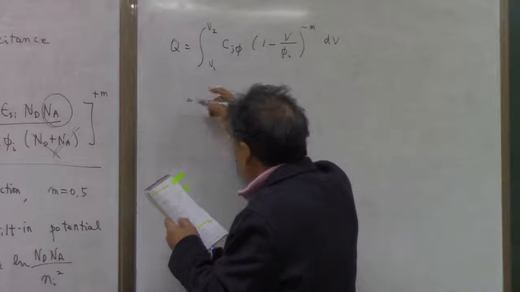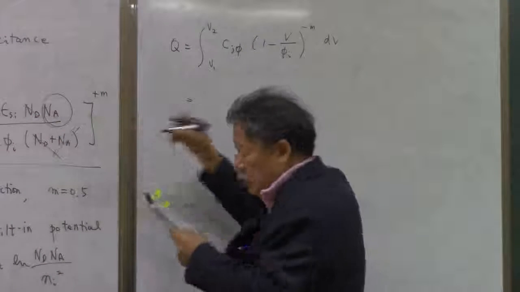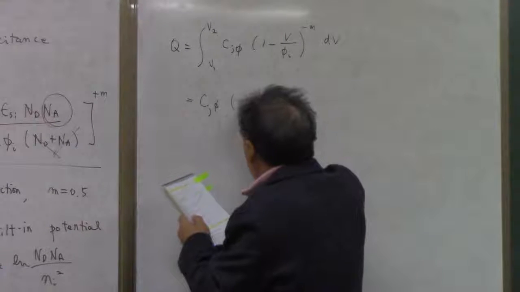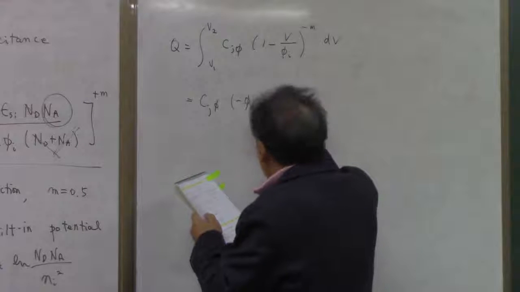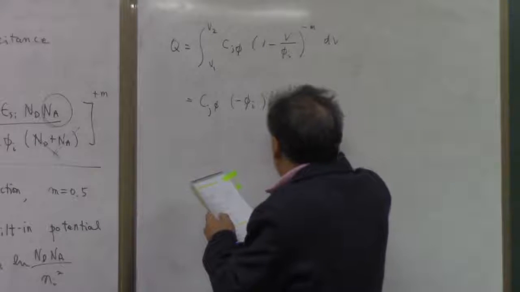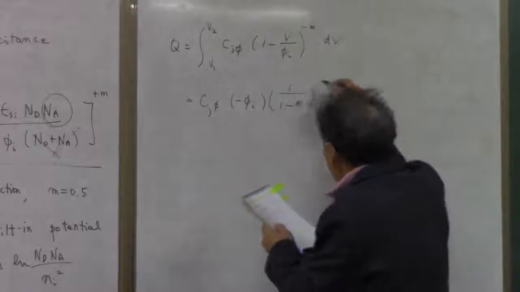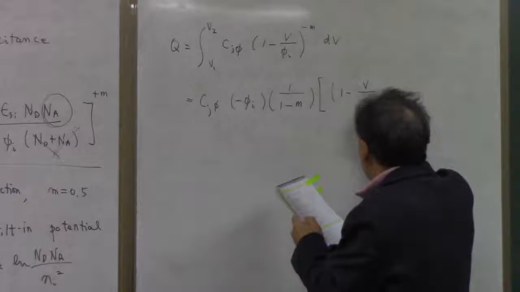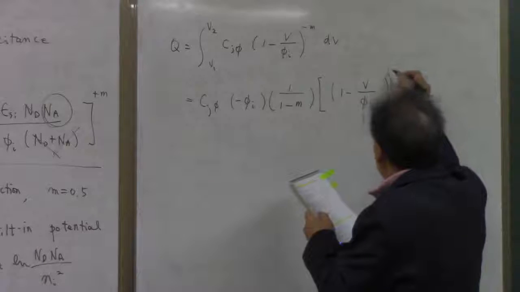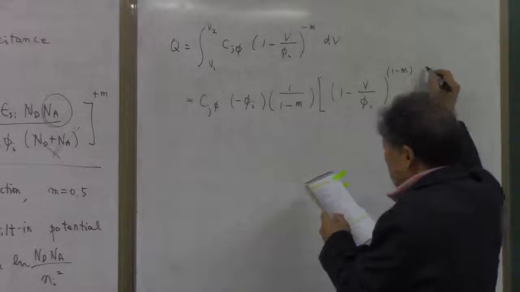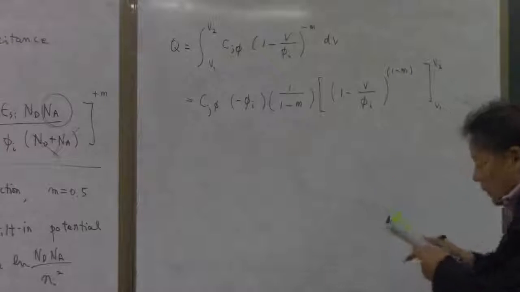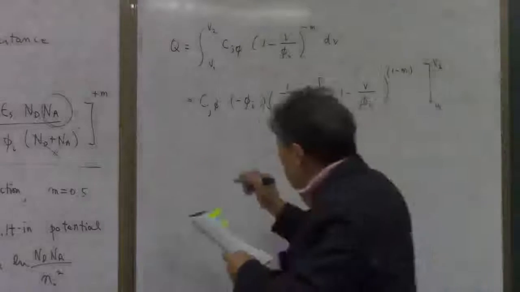And then if we do the integration of this equation, we end up with minus phi I, 1 over 1 minus m, and 1 minus V over phi I to the 1 minus m, from V1 to V2. Things like that, okay?